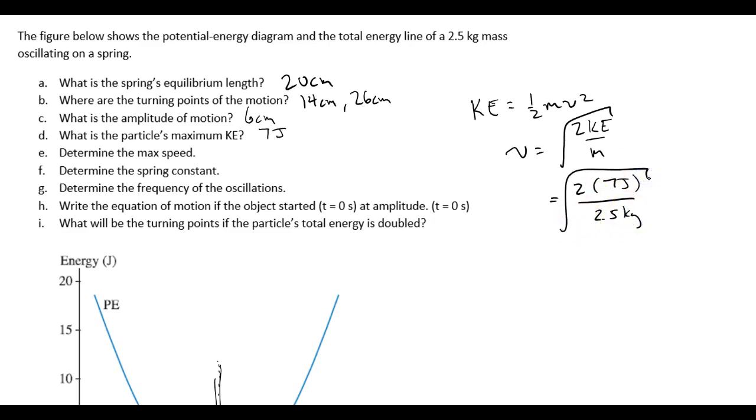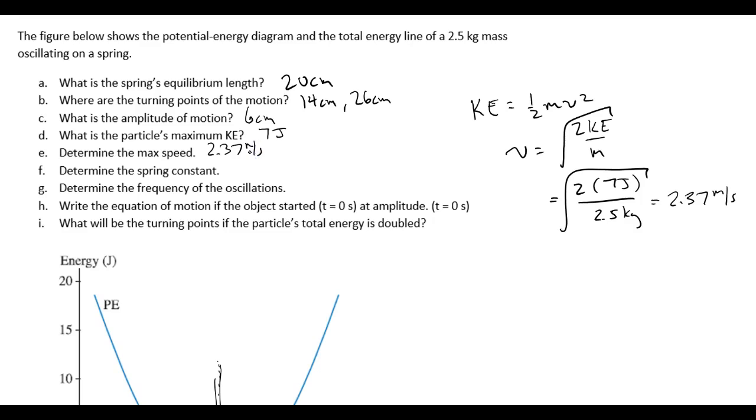I then square root that. So I get 14 divided by 2.5 and then square root that. My maximum speed is 2.37, so 2.37 meters per second. And remember, that's happening at equilibrium. So go ahead and write that there: 2.37 meters per second.